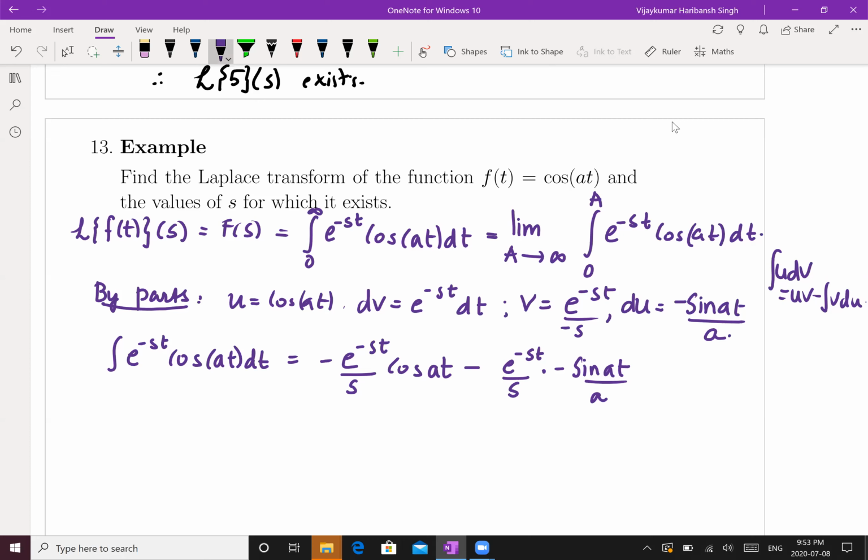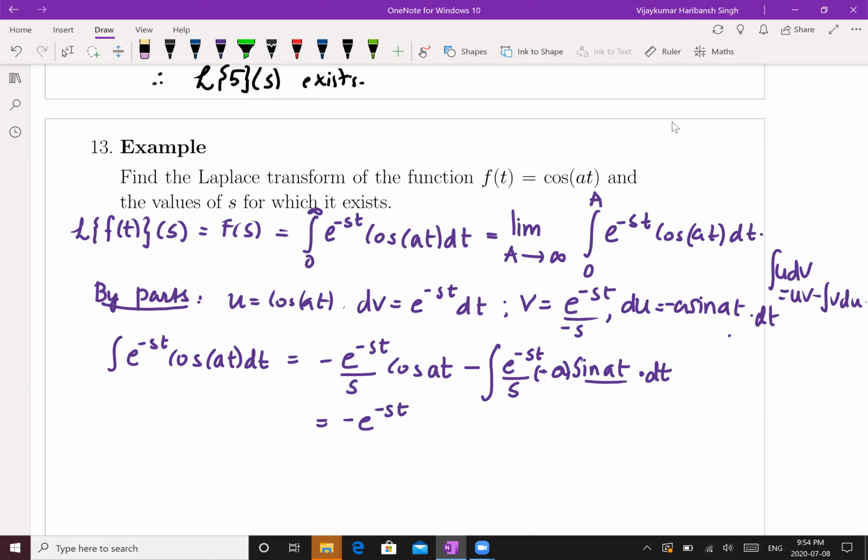So this is going to be minus e to the power minus st, and du has to be multiplied by dt. So du is basically the derivative of this, so it's going to be minus a times sine at. Okay, this has to be multiplied, not divided.